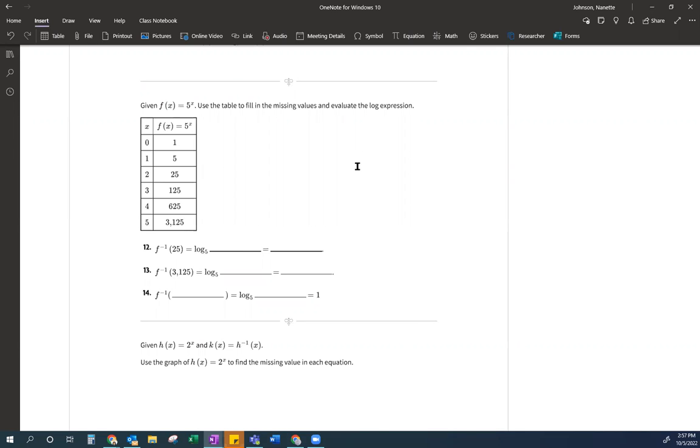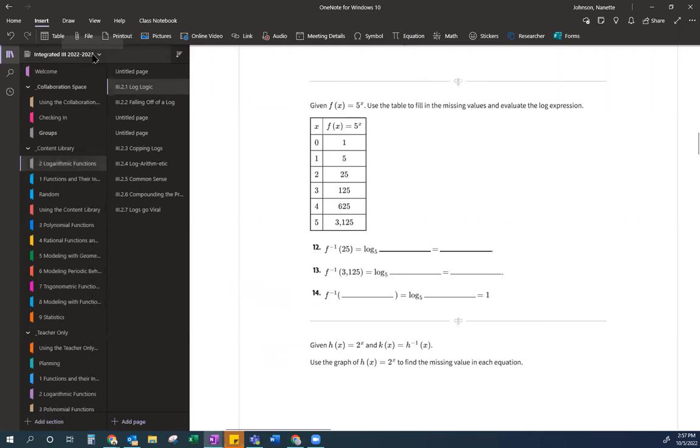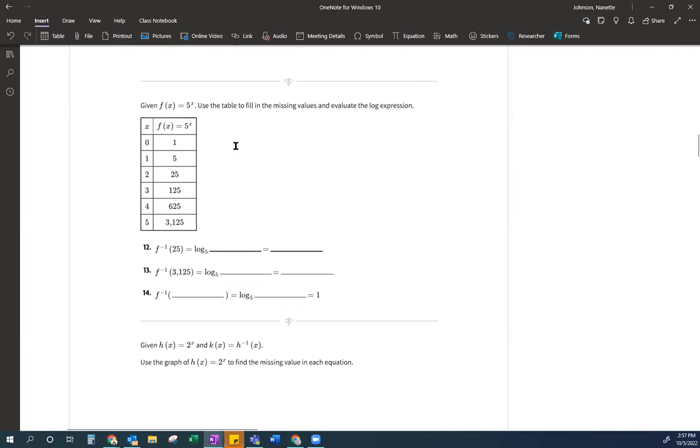So right here, I have written that f inverse of x equals log base 5 of x. Okay.